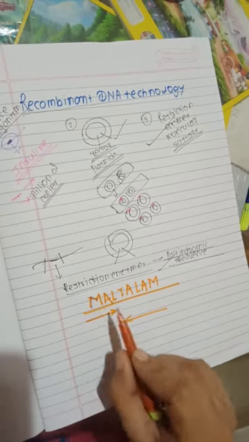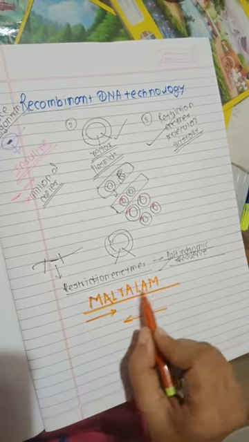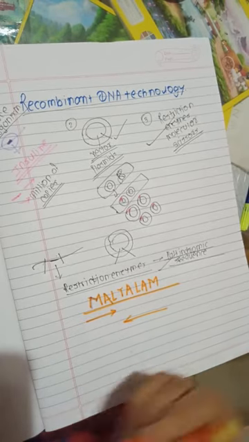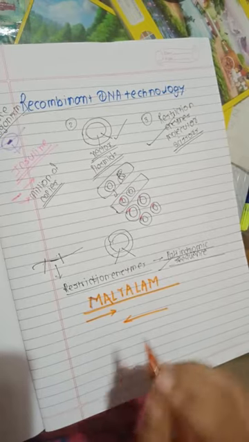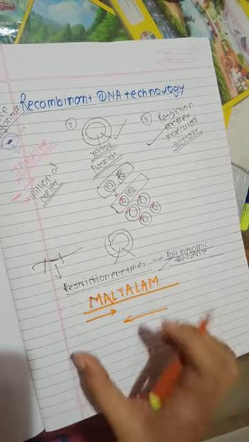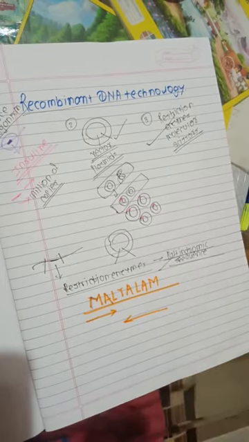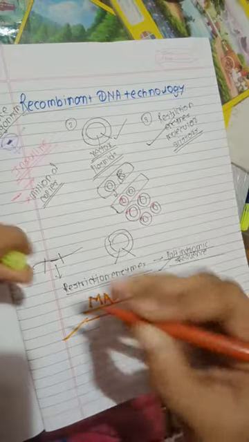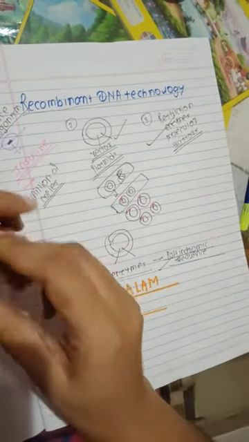Malayalam, and Malayalam. You can read this sequence both ways, and it says the same thing. So this is a palindromic sequence.